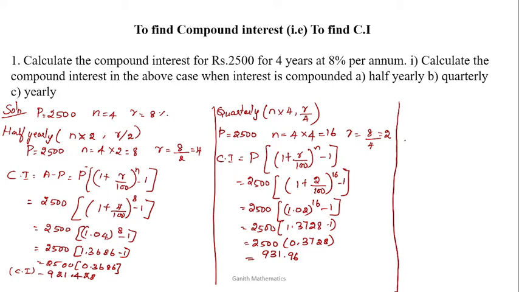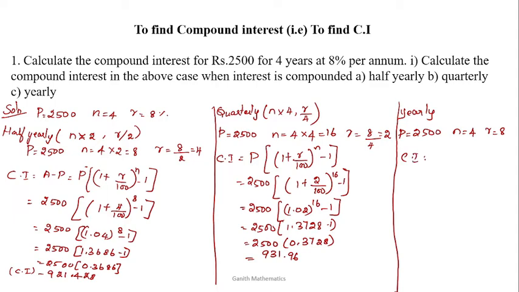And next the third part is you have to calculate the compound interest for yearly. So for yearly, no need to change the years or the rate of interest. So your P is equal to 2500 and N will be the 4 years which is given in the question. R is the same rate of interest 8.